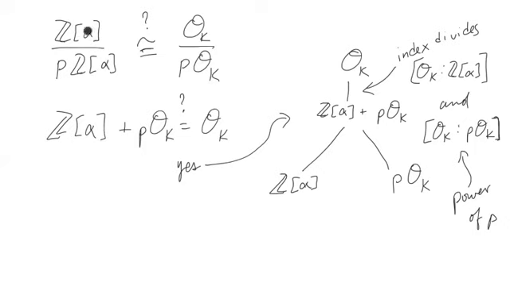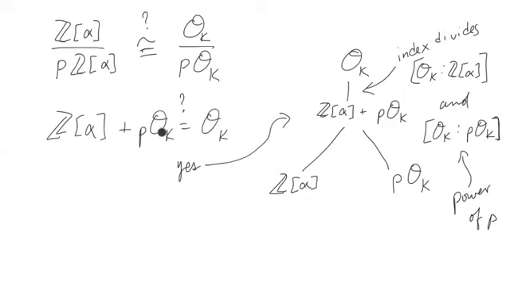But their difference also lies in Z[alpha] because both of them were in Z[alpha]. So it lies in Z[alpha] and in pO_K, but the intersection of those two sets is simply pZ[alpha]. And so all we need to know is that every coset has a representative in Z[alpha], and then we will have this isomorphism. That's all we have to check.